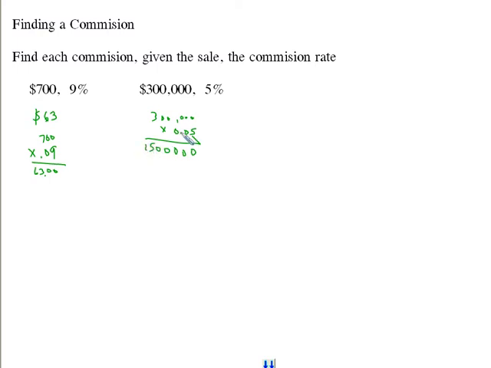I moved the decimal point 2 spaces. So if you sell a house that's worth $300,000, you're going to make a total of $15,000 as a commission.